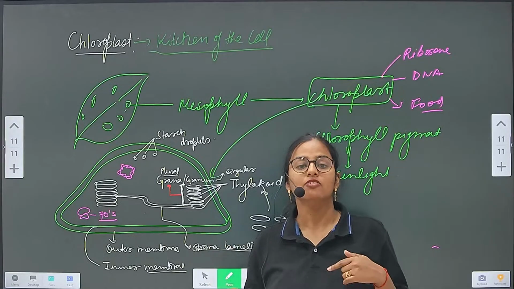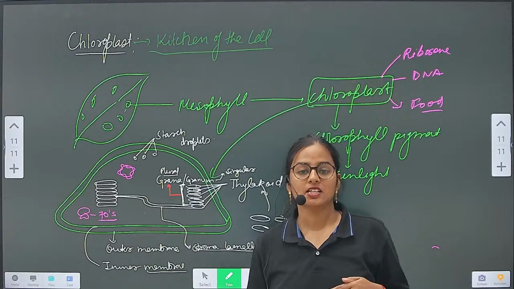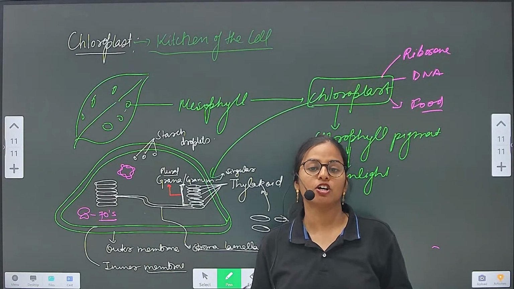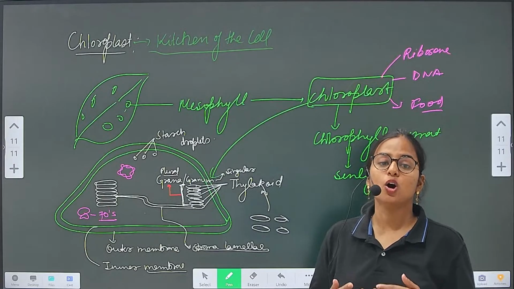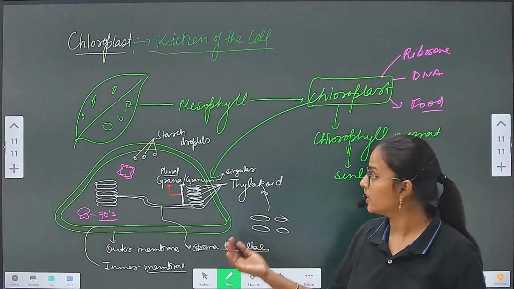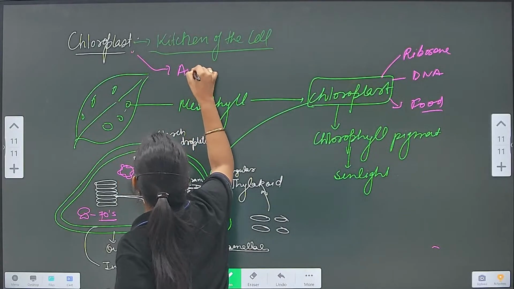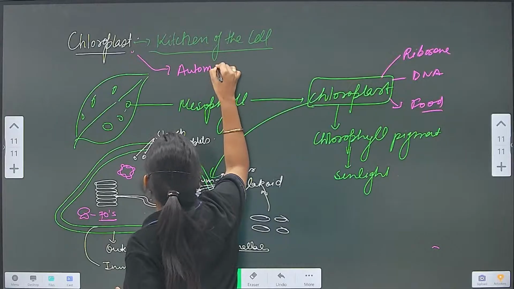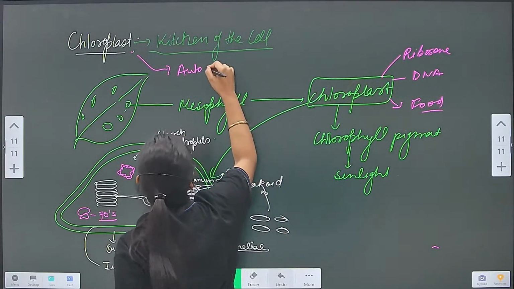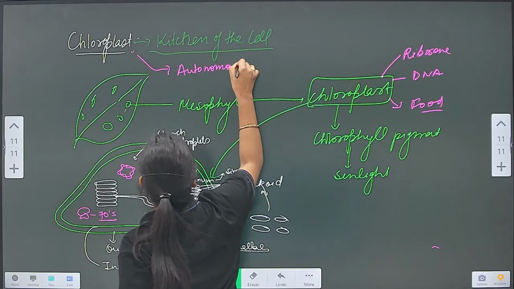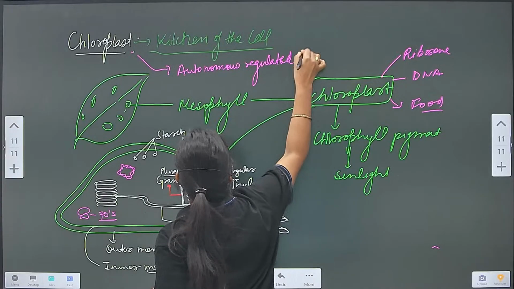Here we can call it for chloroplast, and in an upcoming lecture we will see we can also use the statement for mitochondria. Is that clear? What did I say? It is an autonomous regulated body for chloroplast. So we can write here: autonomous regulating or regulated body.